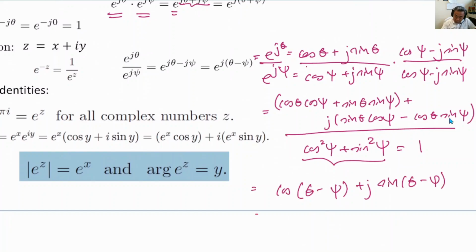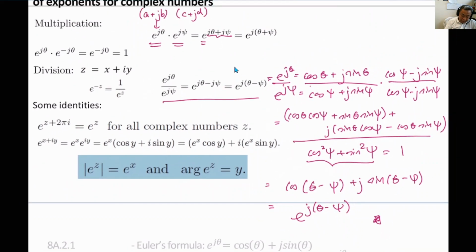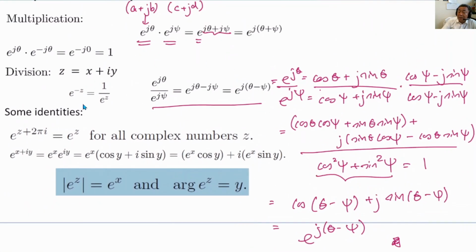And of course, this reduces to e^(j(θ−ψ)). So the division in complex exponential is very easily realized by saying that the angle of the denominator is subtracted from the angle of the numerator. Okay, and then the rest of the expression follows.